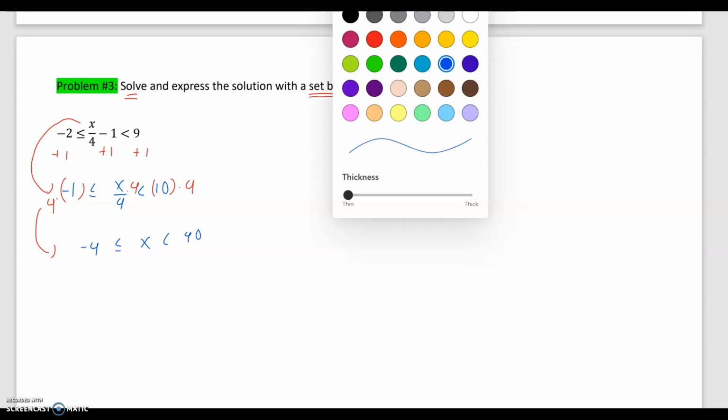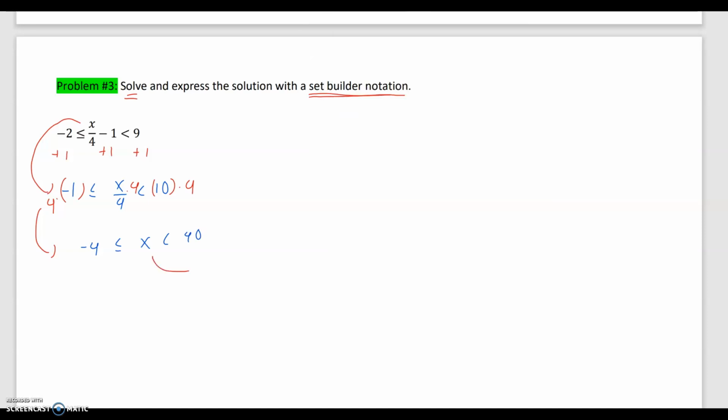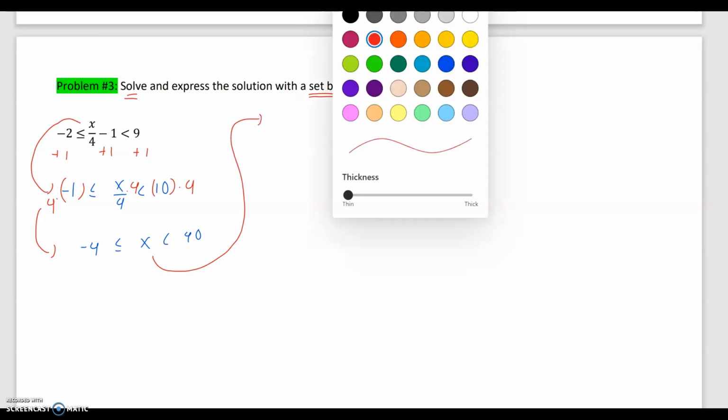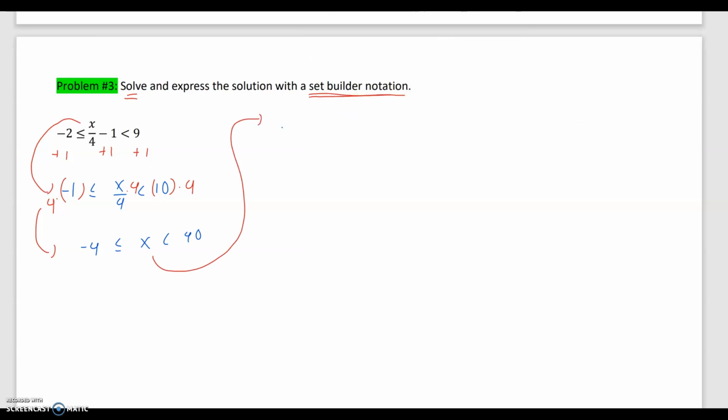For this one, let me write the solution. So our solution: -4 less than or equal to x less than 40. Set builder notation.